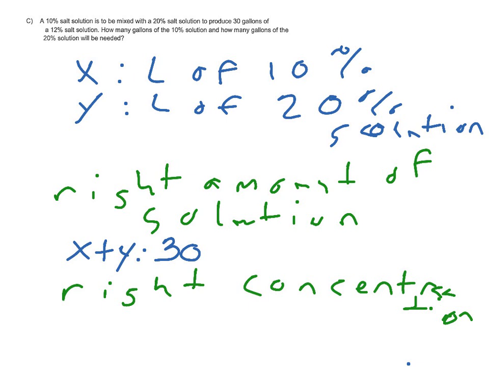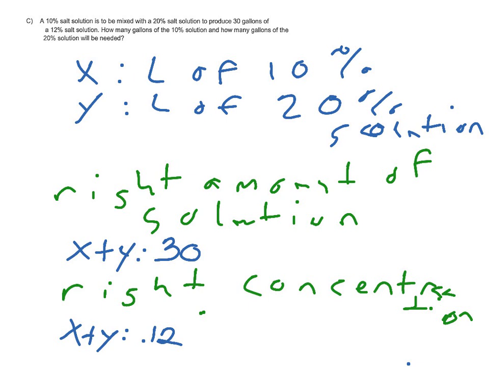Now the right concentration equation you were kind of given to me just a second ago. Can you write out what you said? Now, okay, this is a good idea, right? You want a 12% solution, and that's where this 0.12 comes from.